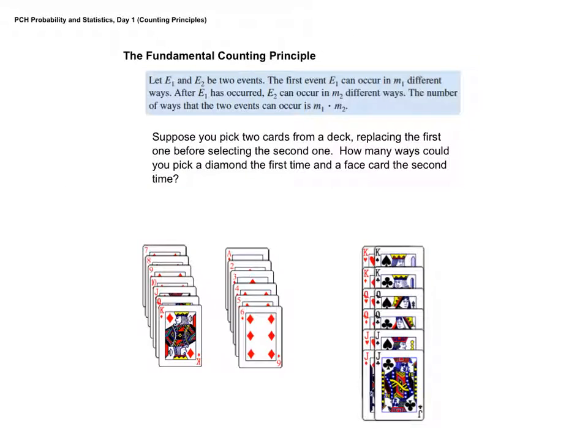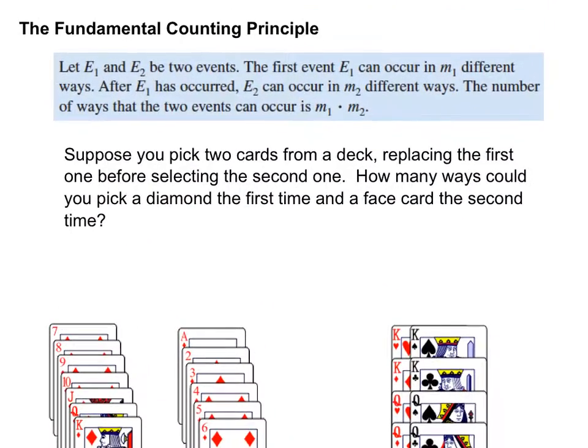All right. Now, the last thing I want to look at today is this fundamental counting principle. All right? The fundamental counting principle. You can see it written up here. It says let E1 and E2 be two events. The first event can occur in M1 different ways. So there's that number of different ways that event could occur. After that, E2 can occur in M2 different ways.